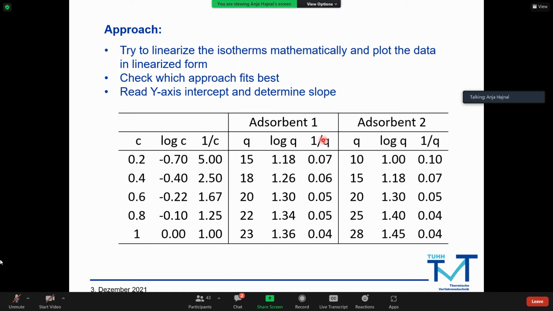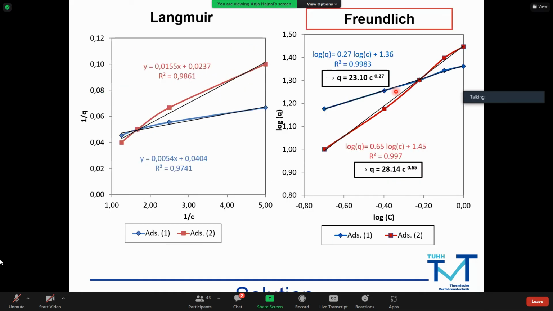Double check your values. If you do not have the same values currently, that is also okay. I will upload this presentation and you will have my solution, of course, as always. And this is basically how it should look.